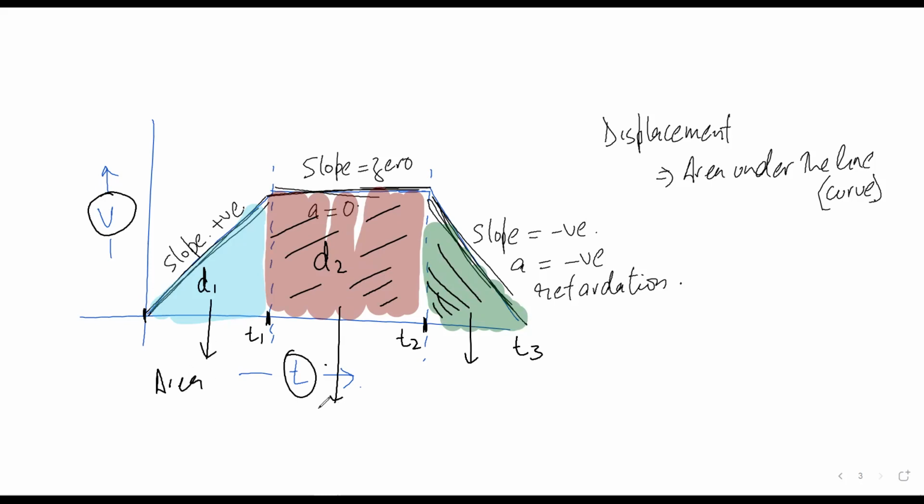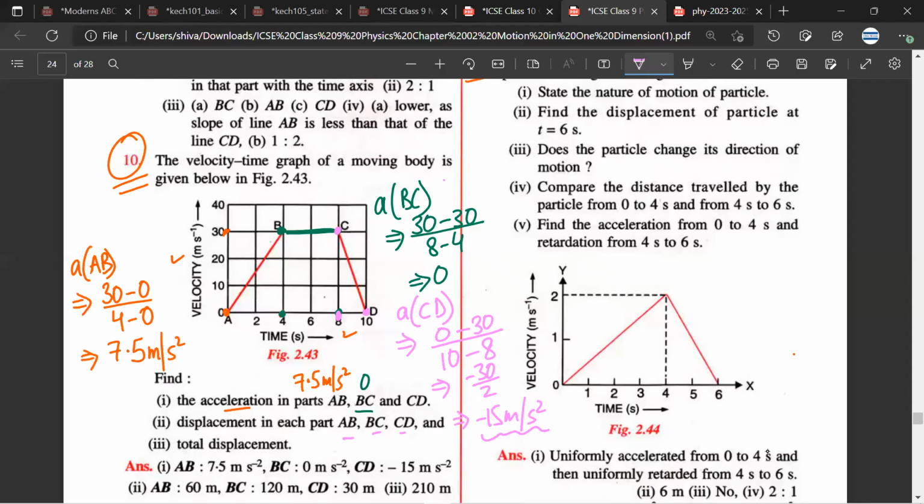You just have to find the area. So let us look at the graph again. If I have to find the displacement in each part, in part AB, I have to find the area of this triangle.